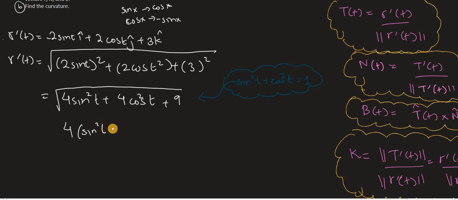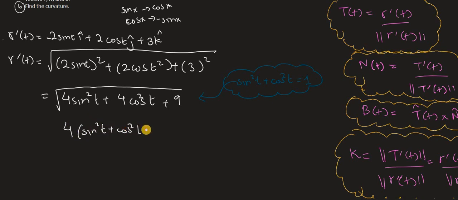We're left with 4 times sine squared t plus cosine squared t, plus 9, and then square rooting the whole thing. Then this expression can be replaced with 1, because it's exactly the same.